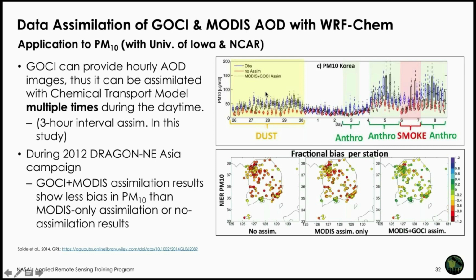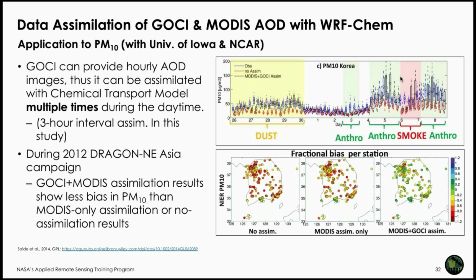We can see a big gap between the observed blue line and the non-assimilated chemical transport model result, the red line. And GOCI can provide hourly AOD images, so it can be assimilated with the chemical transport model multiple times during the daytime.